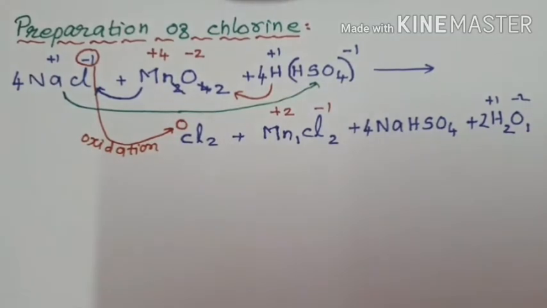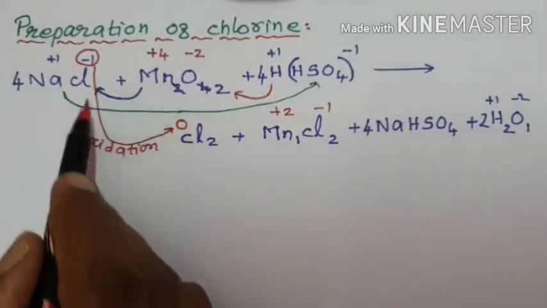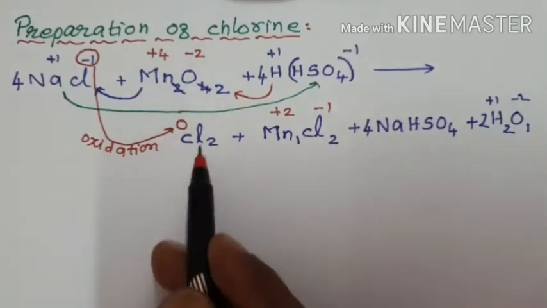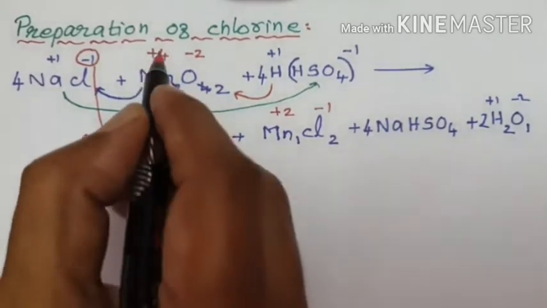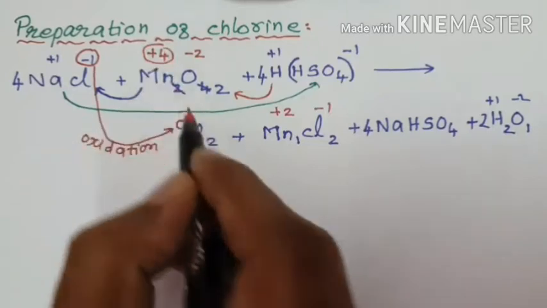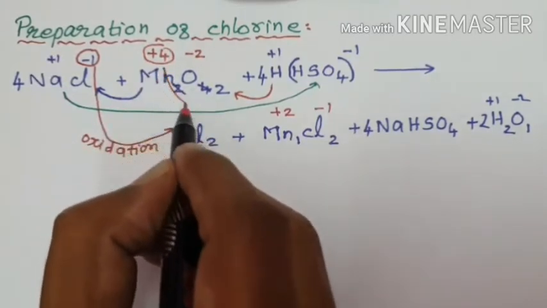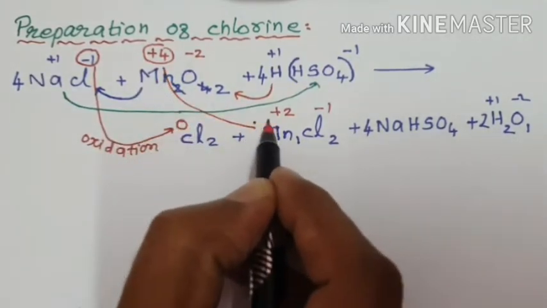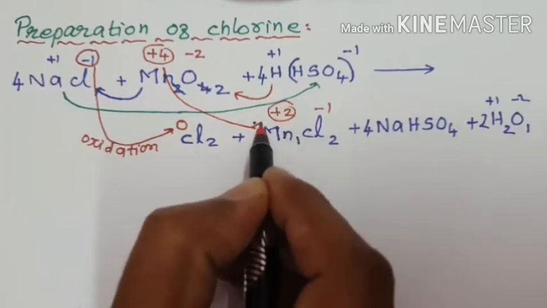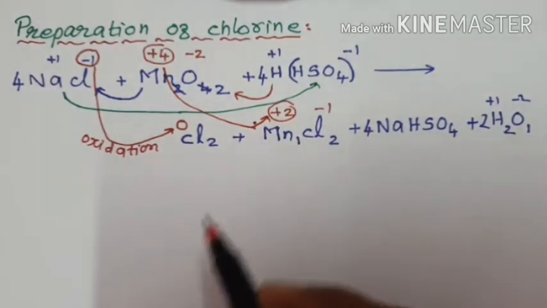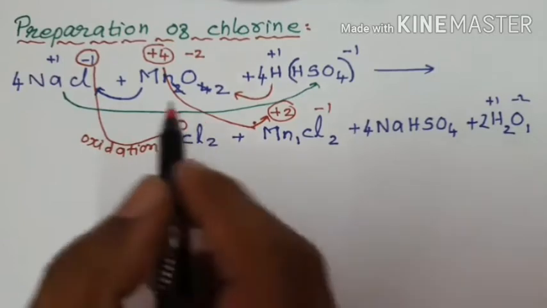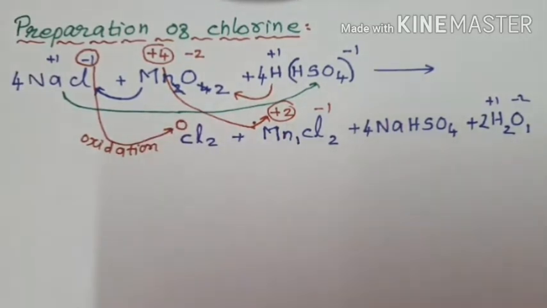Which oxidizes chlorine? MnO2 oxidizes Cl minus into chlorine. But it undergoes reduction. Manganese from +4 oxidation state is reduced into +2 oxidation state. So this is the first method of preparation of chlorine.